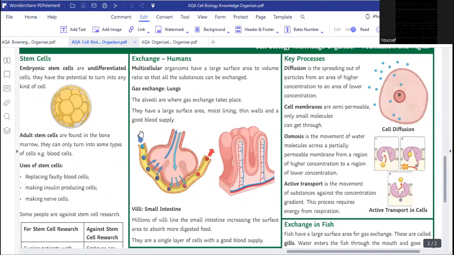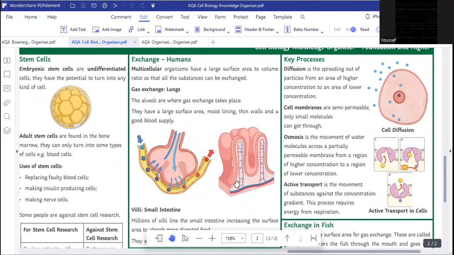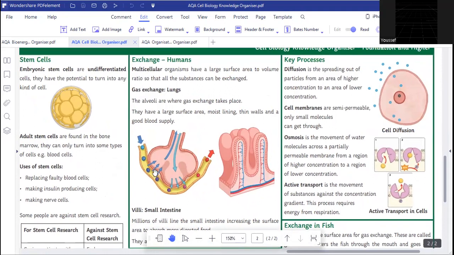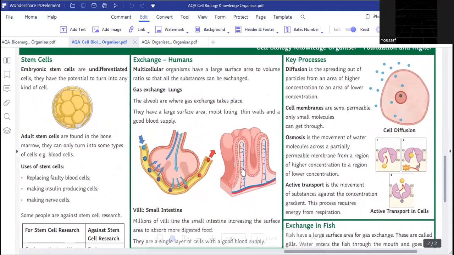Exchange in humans. You know what this structure means? Is it the lung structure? No, this is the lung alveoli. And this structure is the villi of the small intestine.